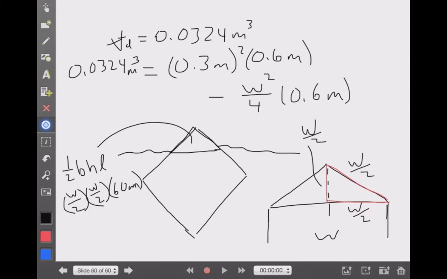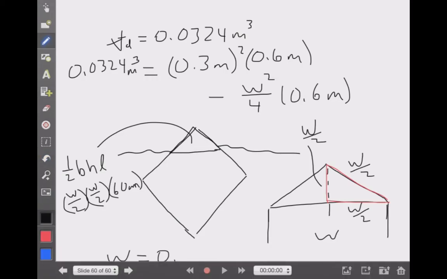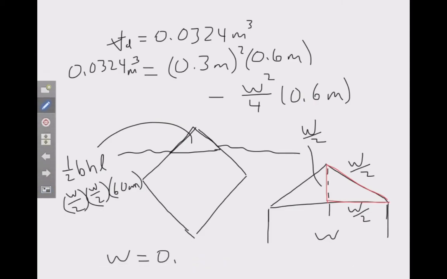And if we in fact calculate W, we get 0.18. I take that back. We get 0.379 meters, or 37.9 centimeters.